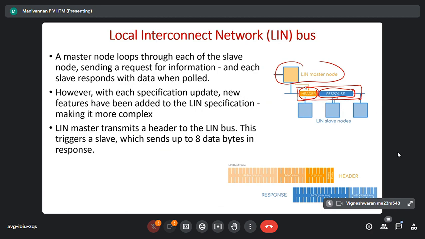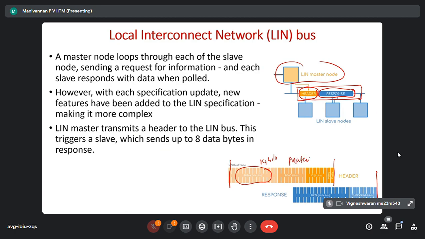What does the header consist of? You can see the header consists of break bits. There are 14 bits of break. This is the total frame. In that, the first part is the header. The header will be transmitted first by the master.